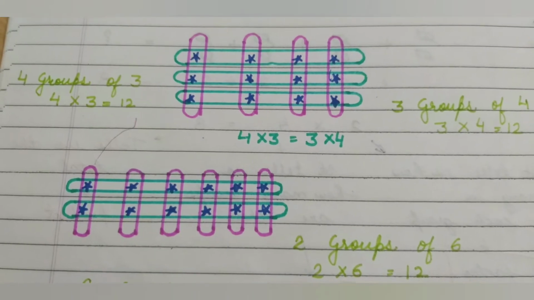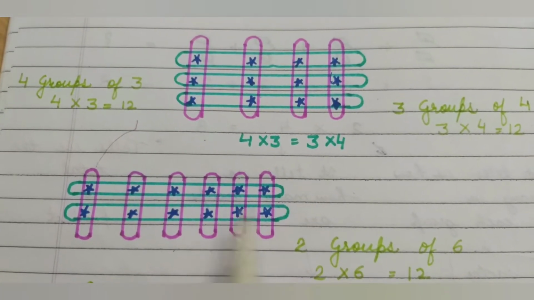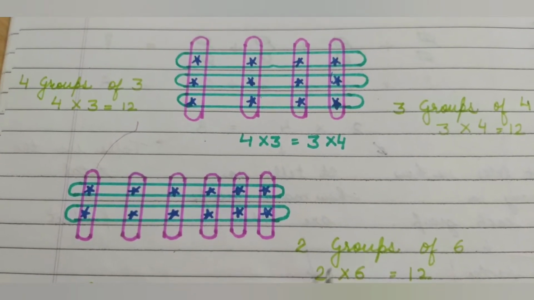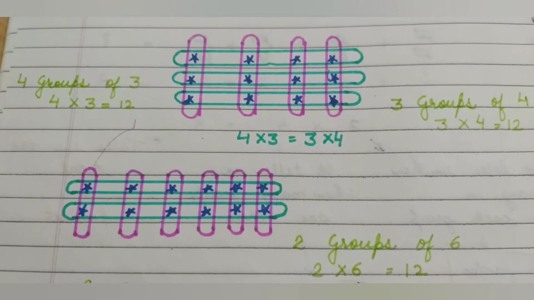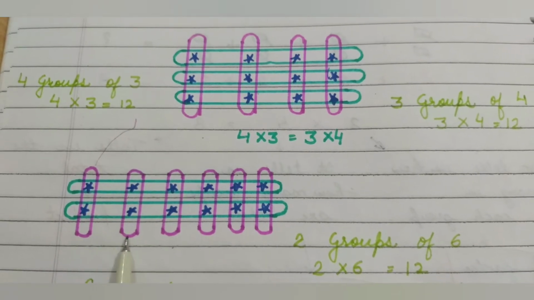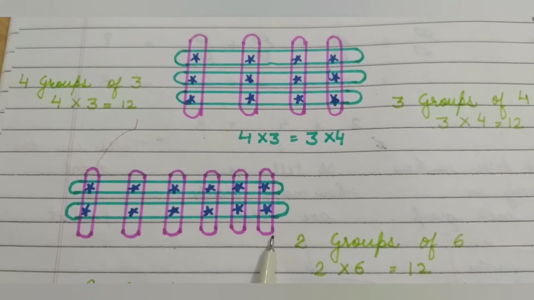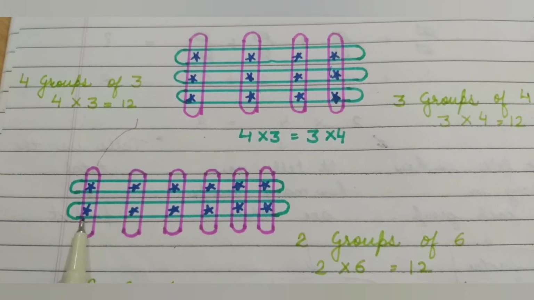Let's see one more example. In this you can see two groups of 6 stars. So we can write 2 multiply 6. Now 2 sixes are 12. Again we have 1, 2, 3, 4, 5, 6. 6 groups are there and 2 stars in each.